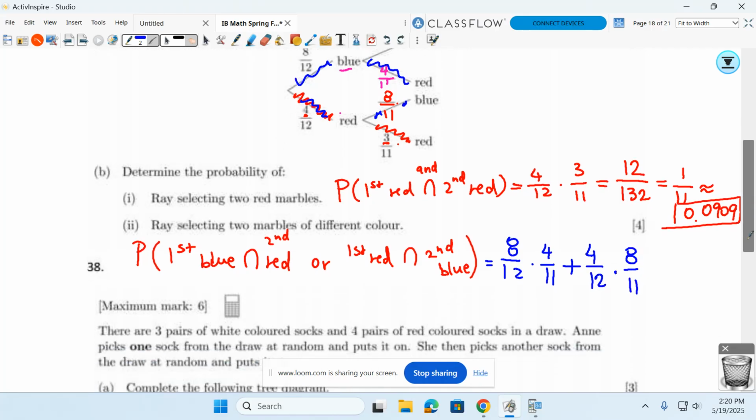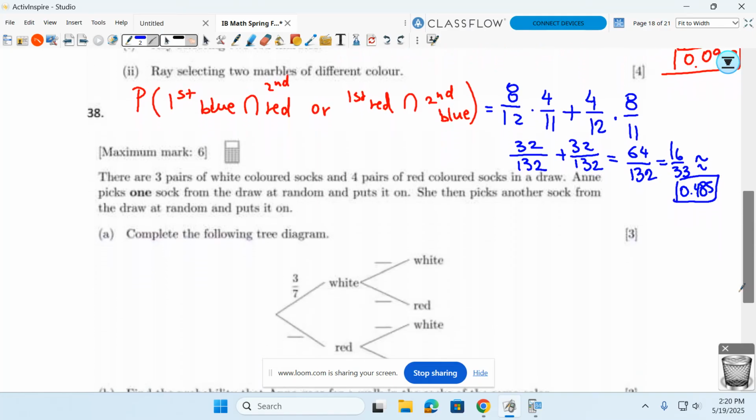When we multiply straight across, we have 32 over 132 plus 32 over 132, 4 times 8 is 32. So that would be 64 over 132, which turns out to be 16 over 33, or approximately 0.485, rounded to 3 significant figures.